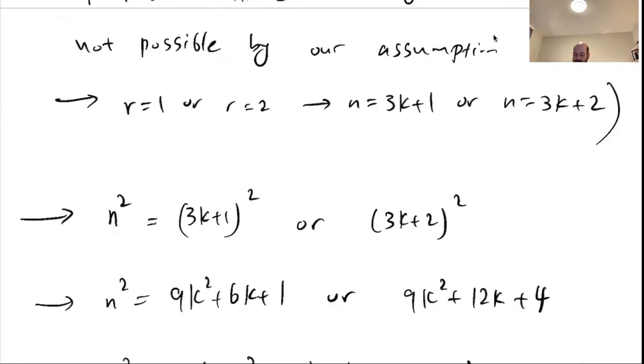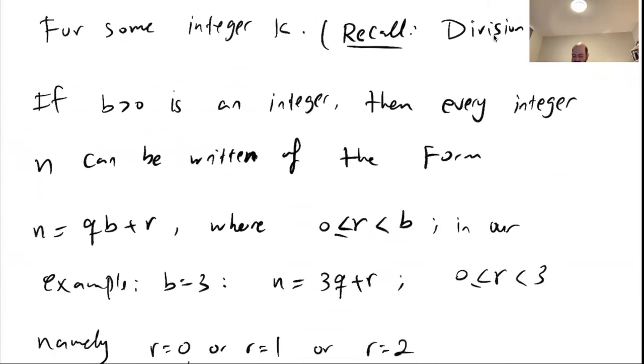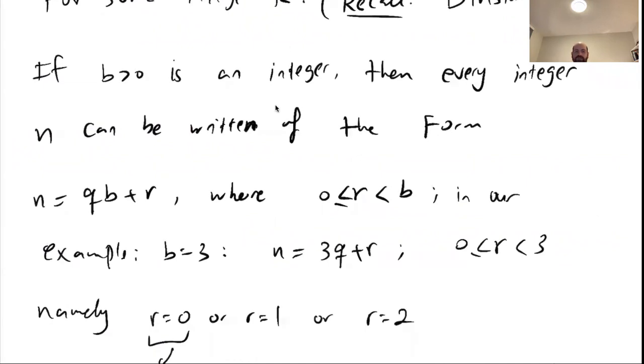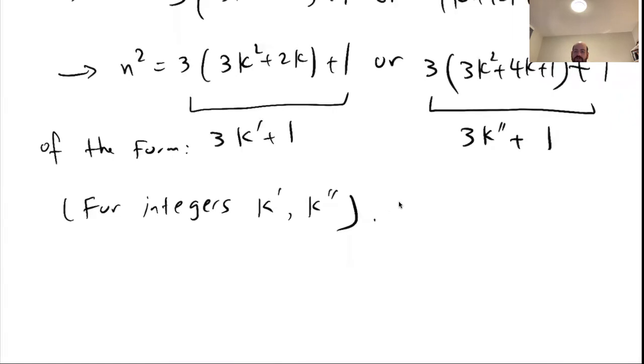Please remember, in the division algorithm we mentioned, this R is called the remainder. Any R which is bigger than or equal to 0 and less than b, and appears in this equation, is called the remainder. Now here I have 3k prime plus 1 or 3k double prime plus 1, and 1 is less than 3. So this 1 is considered the remainder.